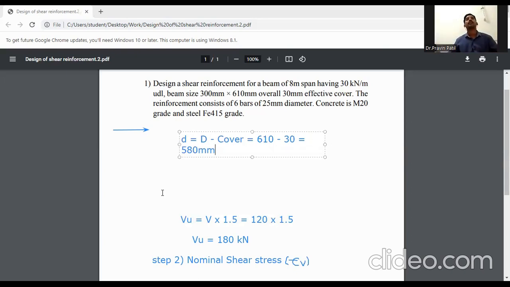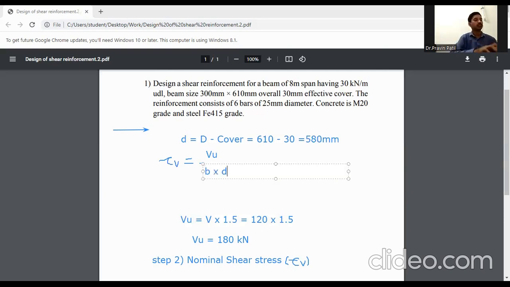Okay. So nominal shear stress tau V is equal to VU divided by B into small d.